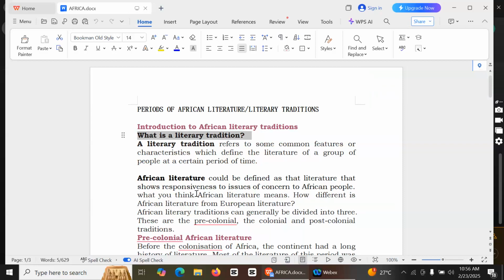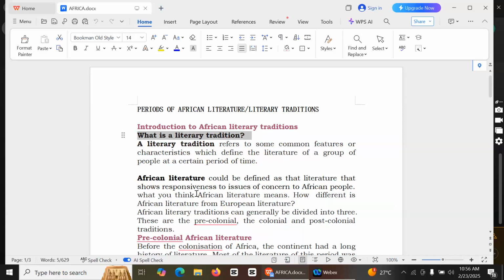And then you have seen that literature differs from one continent to another. That is the reason why you have African literature, European literature, Asian literature, and also American literature. African literature or literary tradition is divided into three main periods.